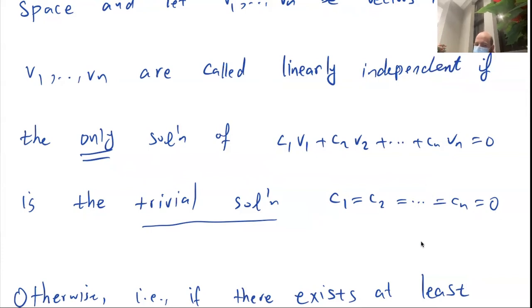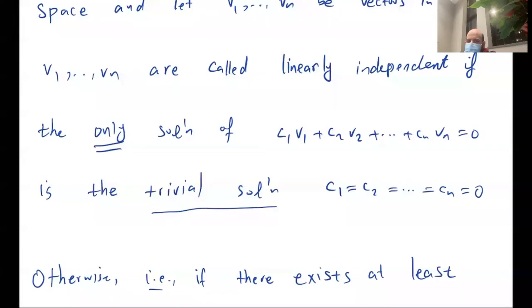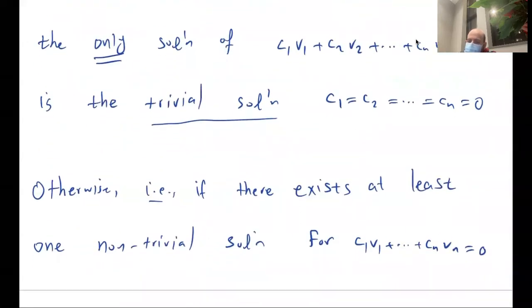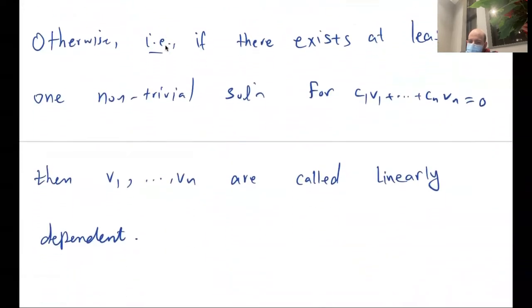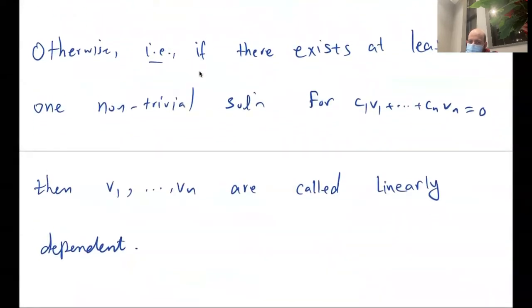But the question is, is that the only solution for this system, or are there other solutions as well? If this is the only solution, then the vectors V1 to Vn are called linearly independent. If not, if there are other solutions, then they're called linearly dependent.